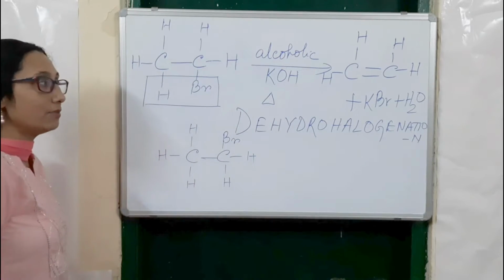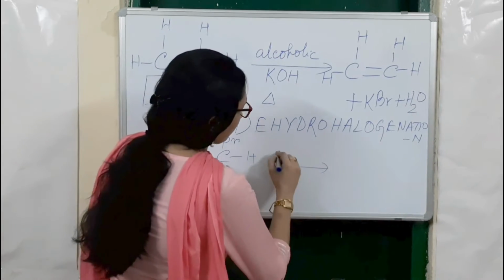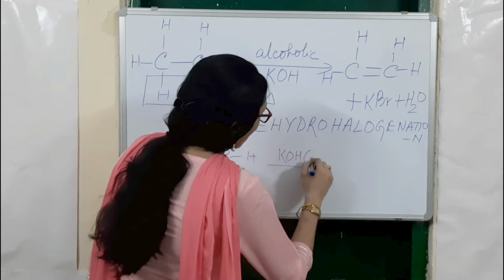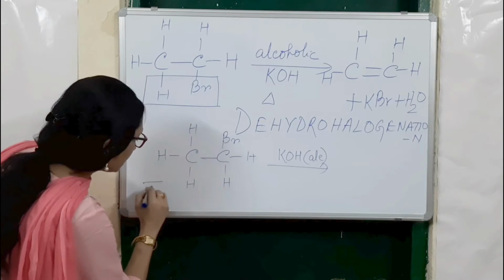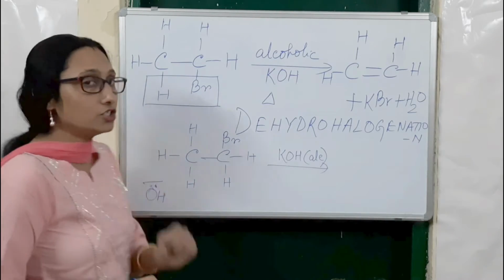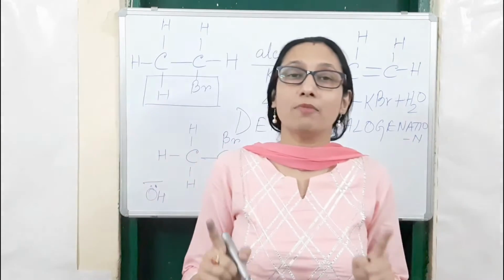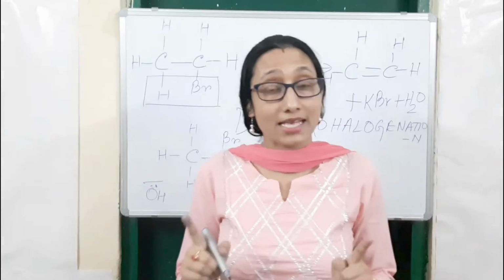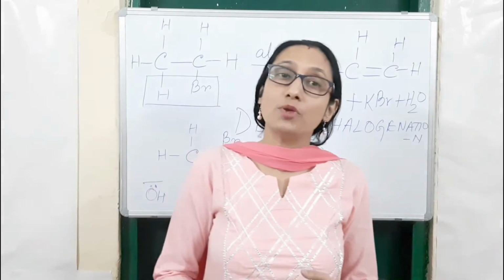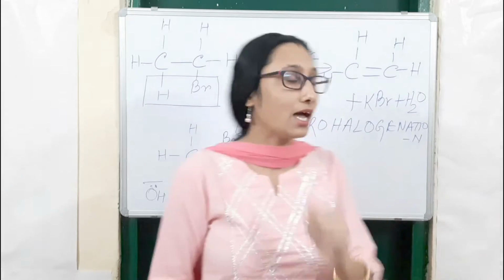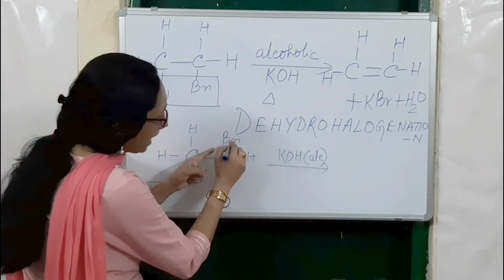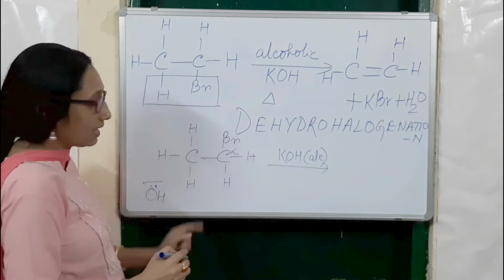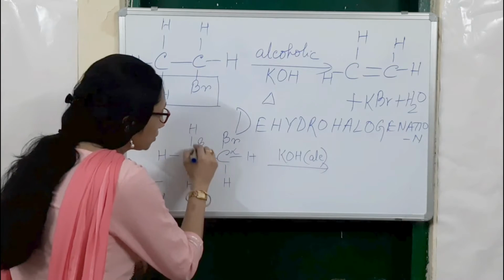This is ethyl bromide. Now, from this alcoholic KOH, we will get OH minus. Now, in elimination reaction, OH minus will act as a base and it will abstract the beta hydrogen. Now, this carbon which is attached to the halogen is the alpha carbon and this carbon is the beta carbon.